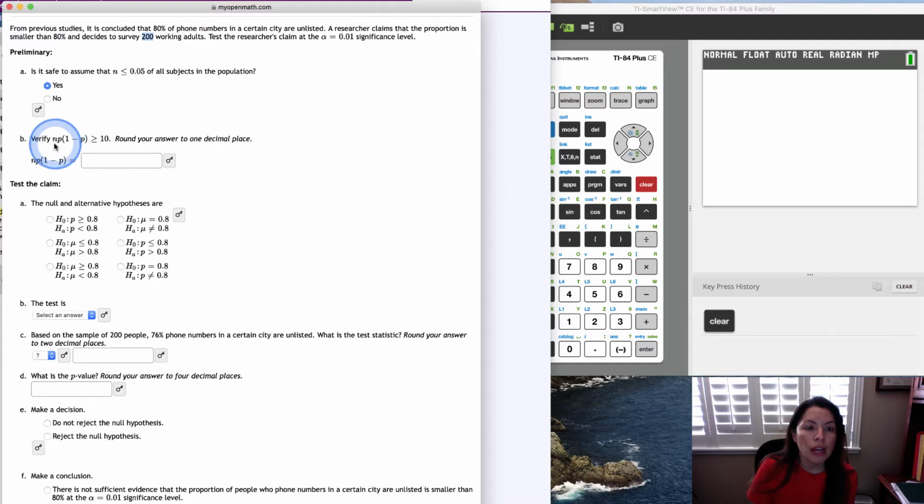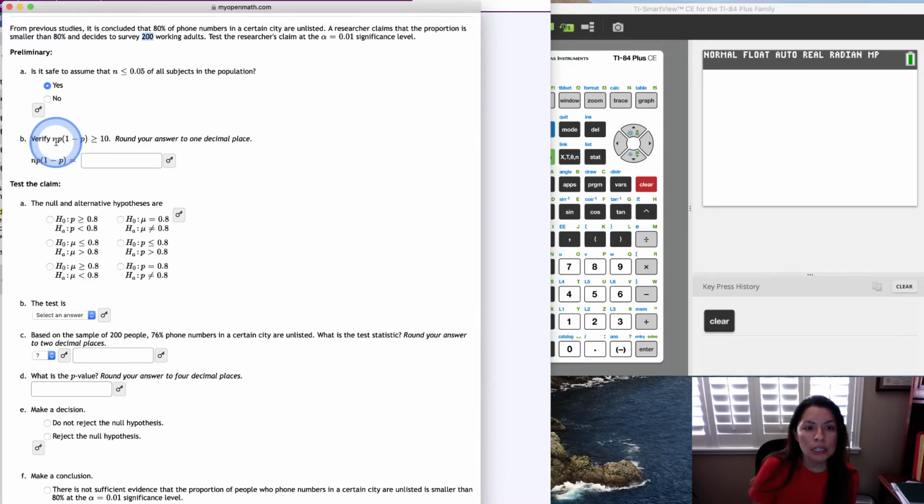To verify that this product is greater than or equal to 10, remember what that tells us. Remember the first one always claims if your sample size is less than 5% of all the subjects in the population, it implies that we have samples that are independent. And this next one will be that our data come from a population that's approximately normal.